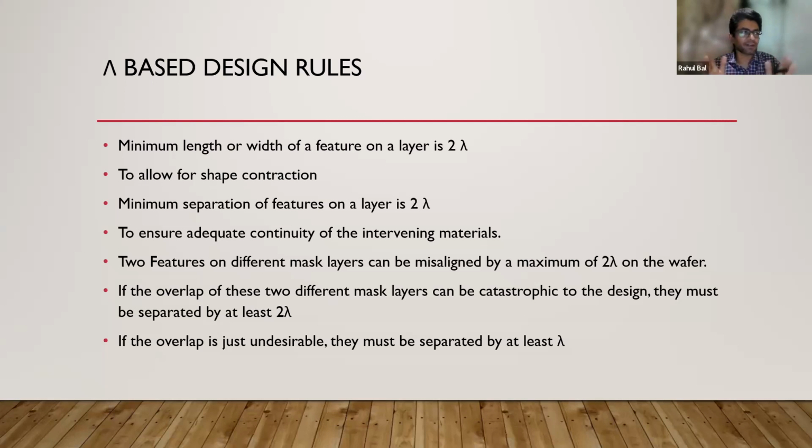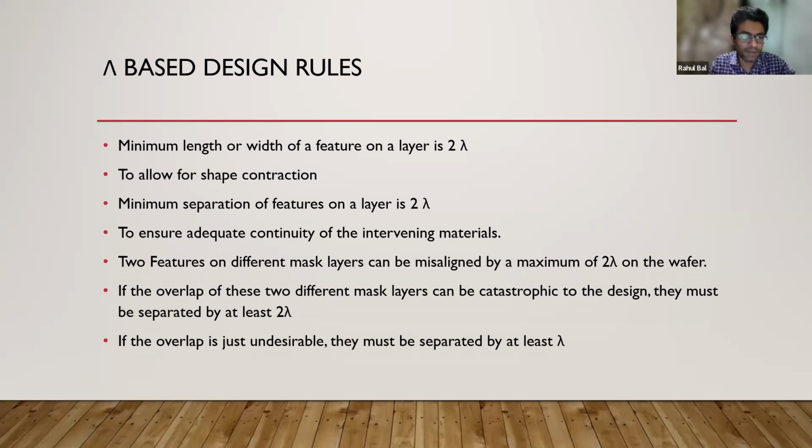So whenever you are talking about lambda, just keep in mind 2 lambda. Not just a lambda, 2 lambda. 2 lambda should be the minimum size of the feature. 2 lambda should be the minimum allowable distance between the two features.